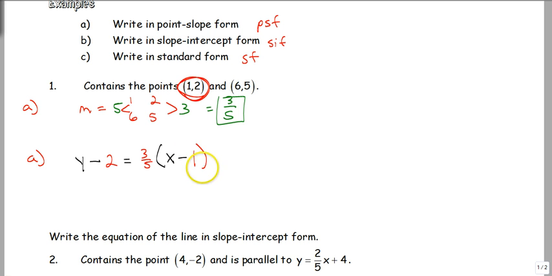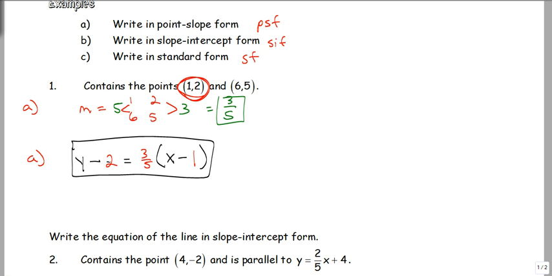Now obviously if they were negative numbers, then they would become pluses here. But the format is always the opposite sign of the point. So if it's 1 and 2, this will be a minus 1, minus 2. That is the answer. This is point slope form. We put in the slope and the point. We always start with that, always.